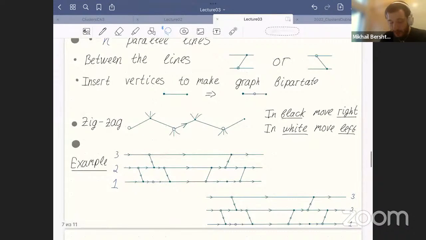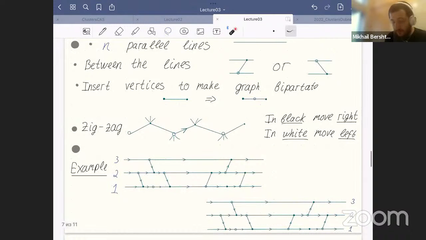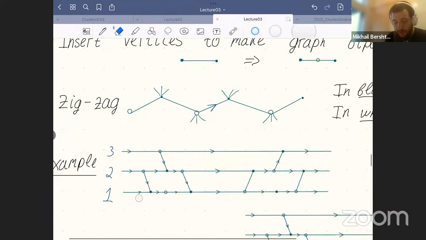Okay, here are a couple of examples of the network. So we have 3 lines. It is not very important, but you can think that the network is oriented from left to right. But for what I'm going to say now, it is not essential, so I just delete all these arrows.